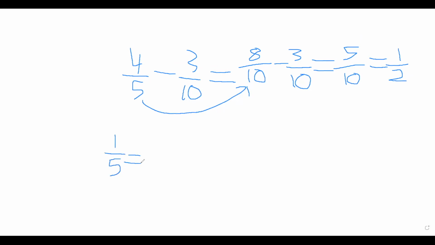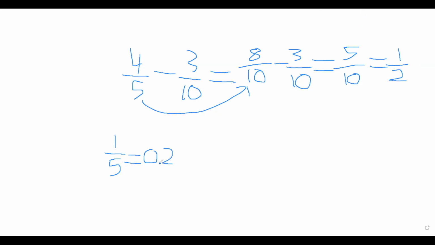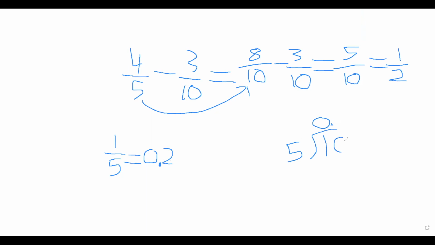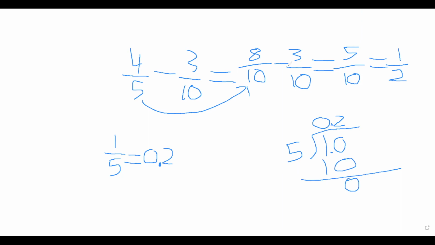Yeah, that is 0.2. Once again, 5 doesn't go into 1, so it's 0. And then you put a 0 here, a decimal point, and that's just 2. So it's 0.2, right.